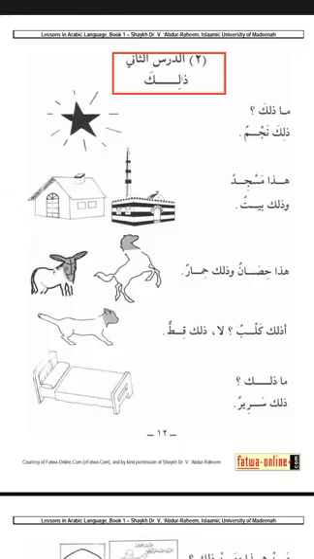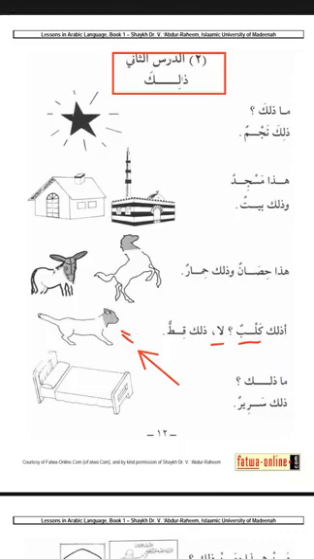The next one, أذلك, is that. أذلك كلب, is that a dog? لا, no. ذلك قط. That is a what? That is a cat.